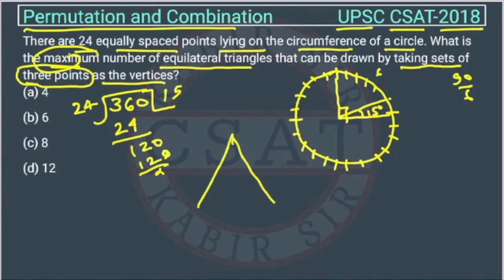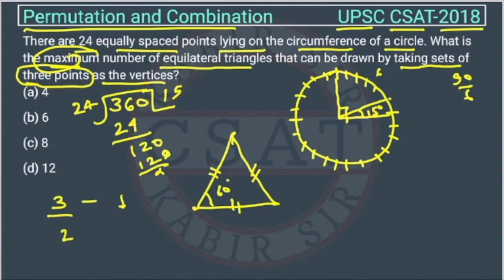In an equilateral triangle all sides are equal. This side is equal to this side and this side, so each angle is 60 degrees. So with 3 points we are getting one equilateral triangle, because they are equally spaced.